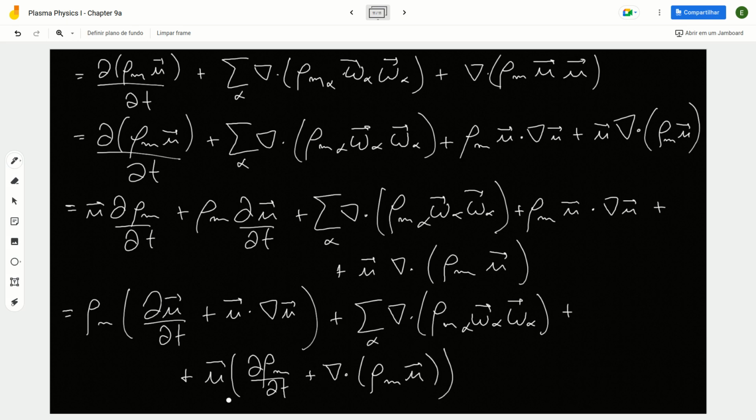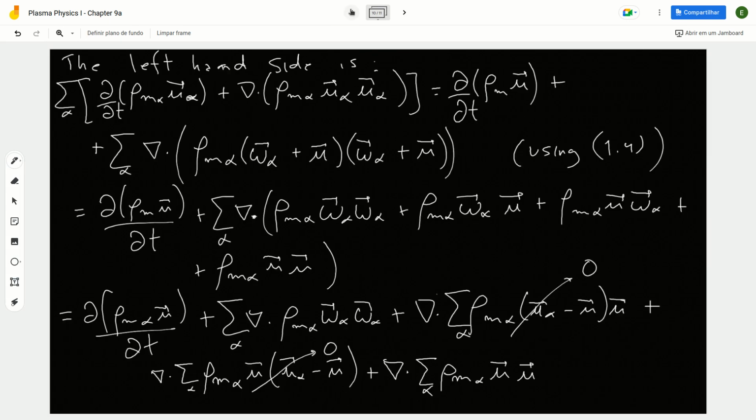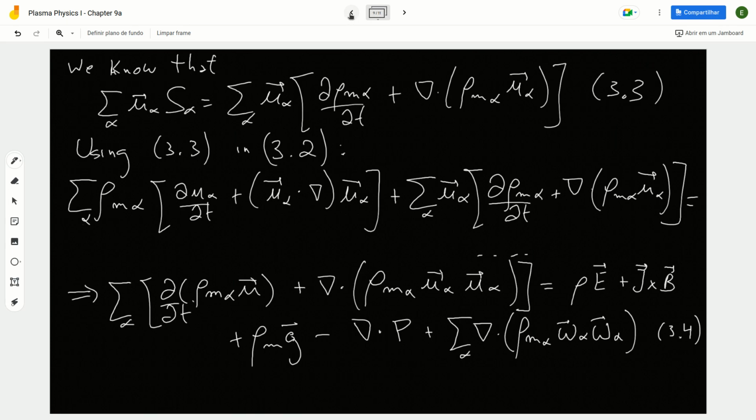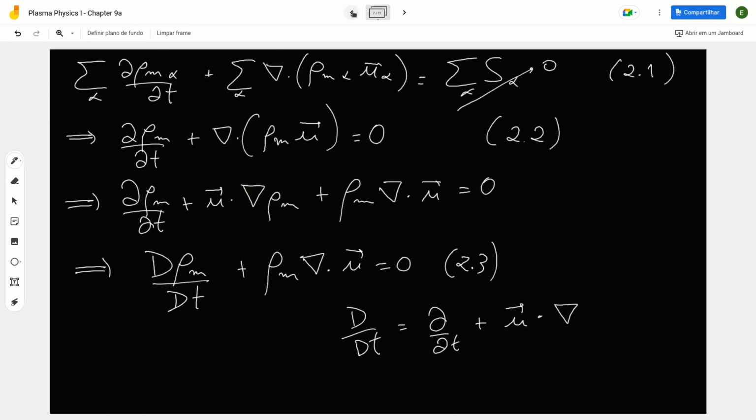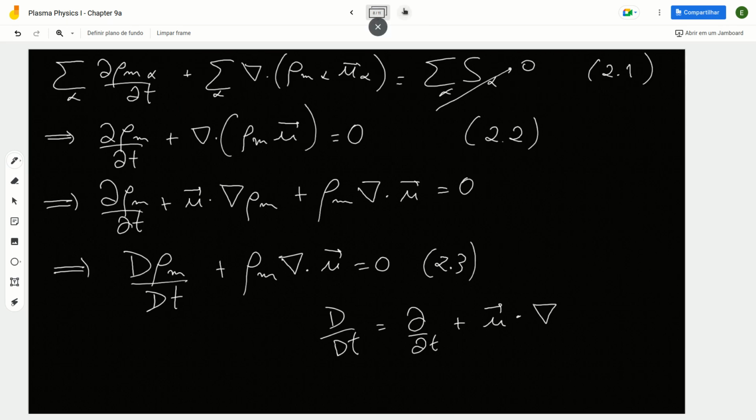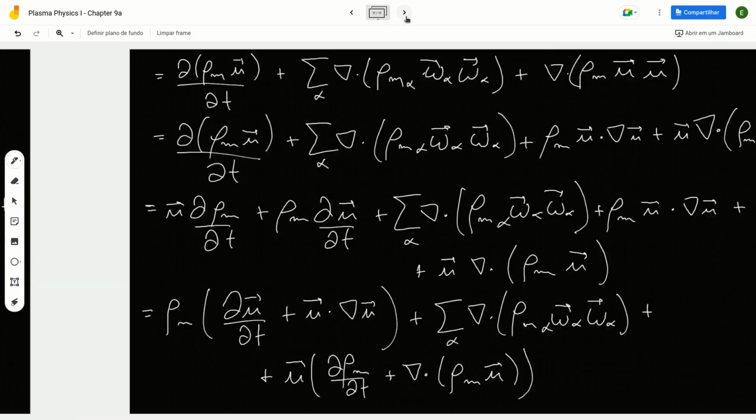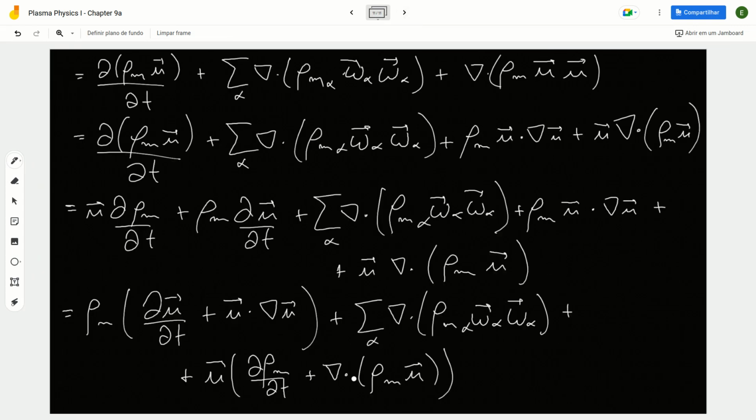Voila! What is this final term? We know it. It's somewhere around here. Where is it? Okay, here it is. Continuity equation. It's equal to 0. Good. One term less. So this is the continuity equation. It is equal to 0 because of 2.2.